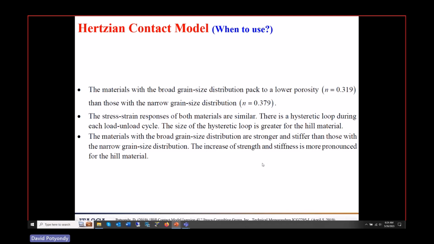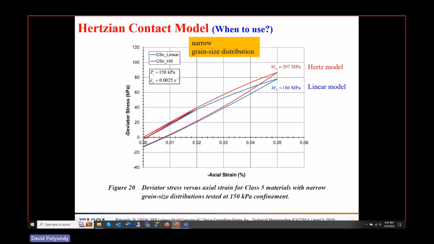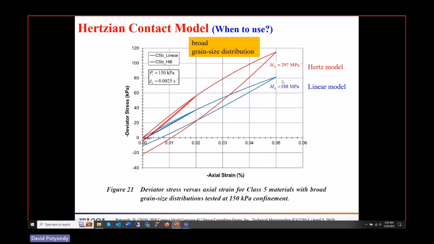Let's just focus on the Hertzian model now, because that's the model we used. The resilient modulus with a narrow grain size distribution, where they're almost all the same, is 207. But with a broader grain size distribution, it's bigger, it's stiffer. The reason it's stiffer is not the Hertzian model so much.